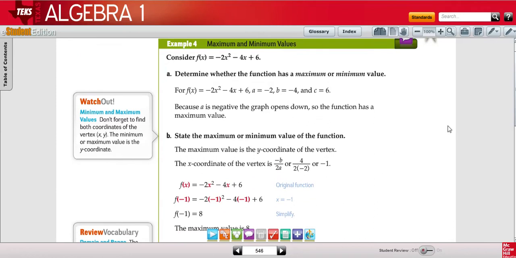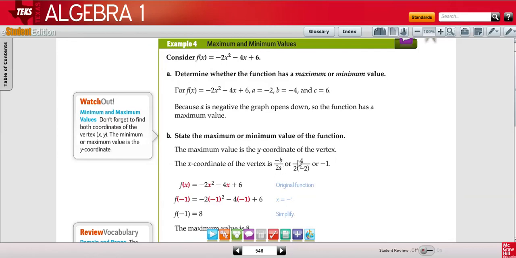Part B says state the maximum or minimum value of the function. The maximum value is the y coordinate of the vertex. So first, let's figure out what the x coordinate is. The x coordinate, remember we wrote this down in our key concepts, is negative b over 2a. Well, here we listed out that a is negative 2, b is negative 4, and c is positive 6. So just by using these numbers that we already know, we're going to fill them into our actual formula.